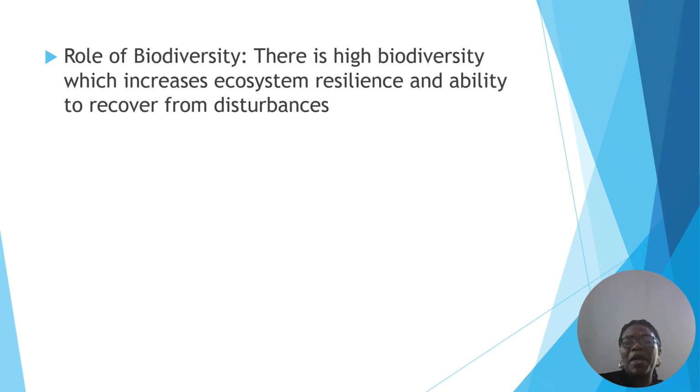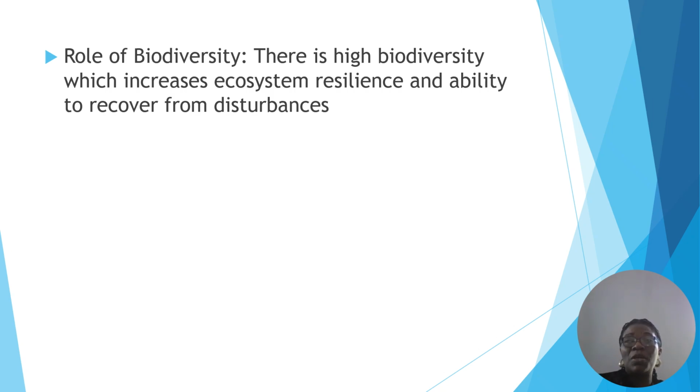Then another thing that I've considered here is what we refer to as the role of biodiversity. So there is also high biodiversity in dynamic equilibrium in a community. The biodiversity actually increases the ecosystem resilience and ability to cover for disturbances.